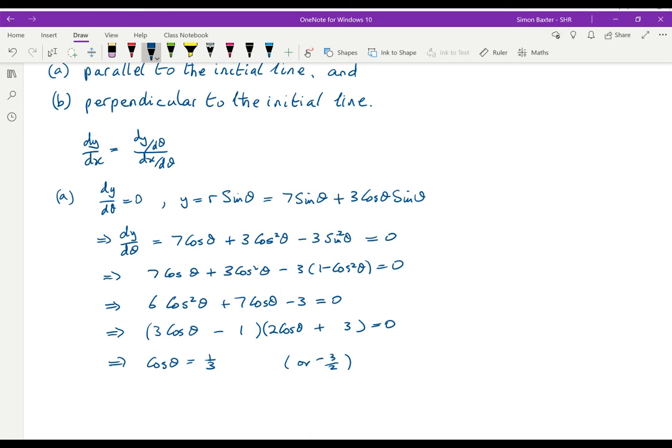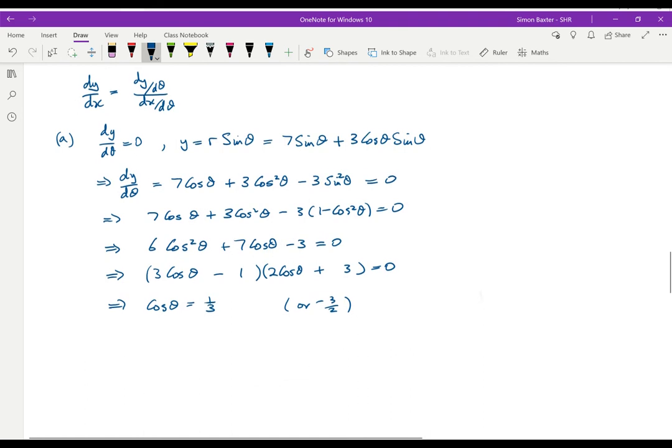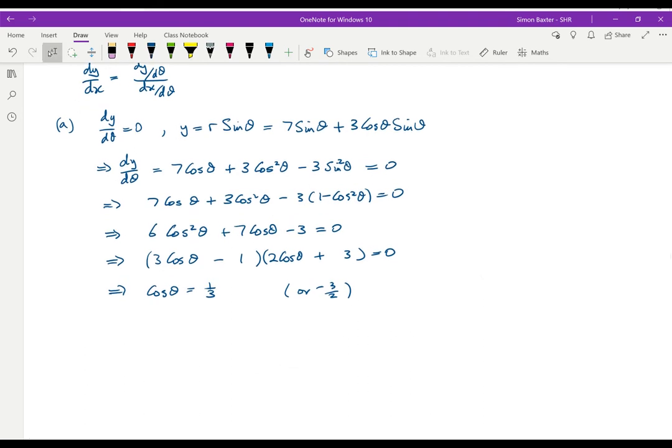So we know that we have gradient 0 when cos theta is 1 over 3. We're looking for the equation of the tangent. That is going to be the value of y.